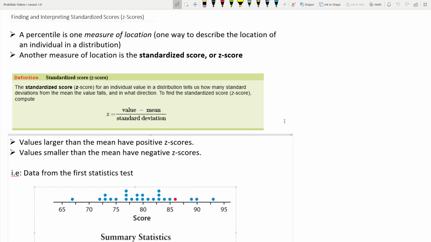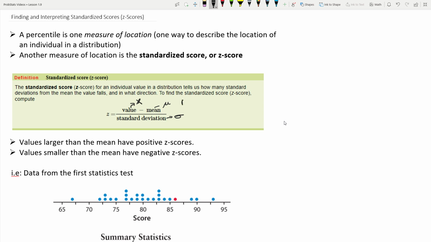So to find the standardized score, you need to compute using the following formula. So again, the value, we'll call this x, or xi. The mean, we'll call that x bar, or mu if you're talking about a population. But usually we use mu. And then the standard deviation, you can call it s, or lowercase sigma if you're talking about population.